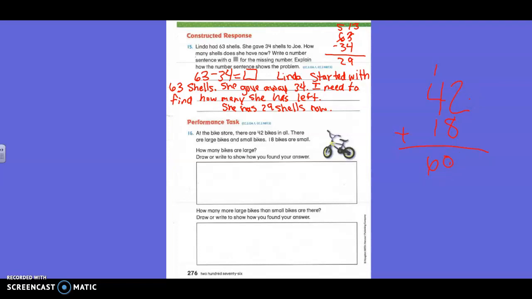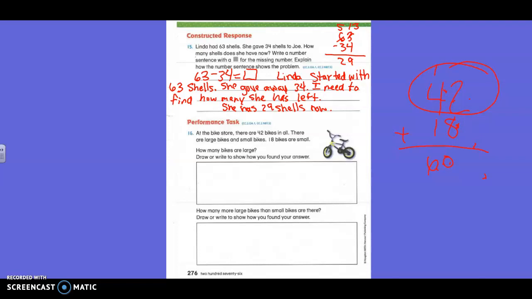You added. And I told you 42 was the biggest number. How can you have 60 bikes be the biggest when there are only 42 bikes? Should we be adding? No.